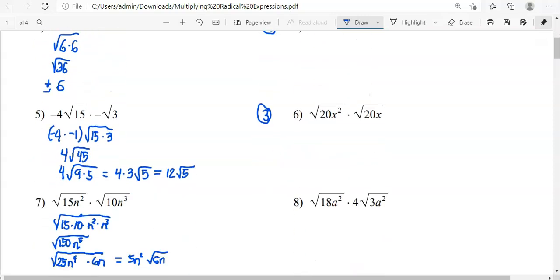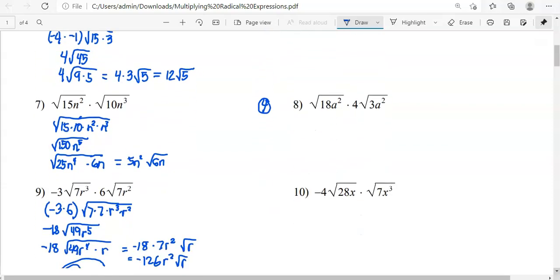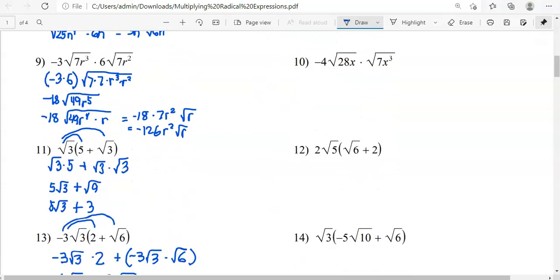Number 4. Okay, next natin. Itong number 5. Okay. This is number 6.